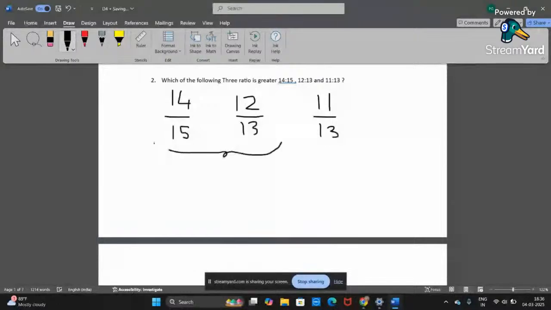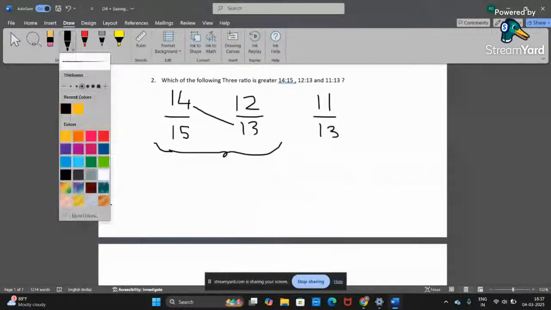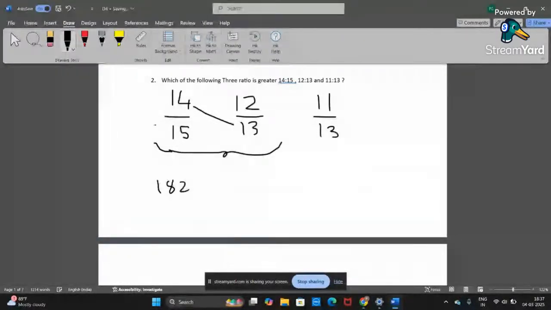So we have to multiply this numerator with this denominator. So 14 into 13, how much is it? It is 182, right? This 182 we consider as this value.